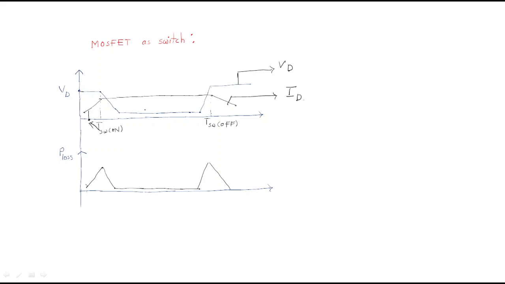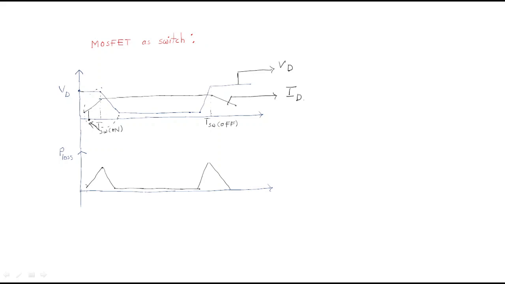because even in the off state the drain has some leakage voltage, so the drain voltage and drain current produce some loss of power. After that, whenever the switch is off, this will increase and then decrease.